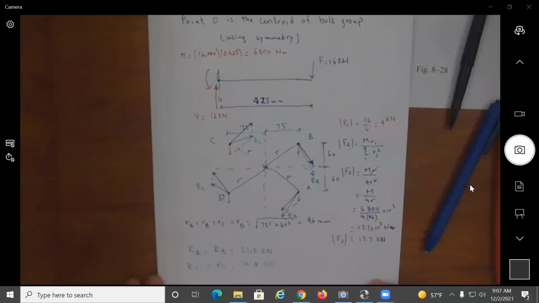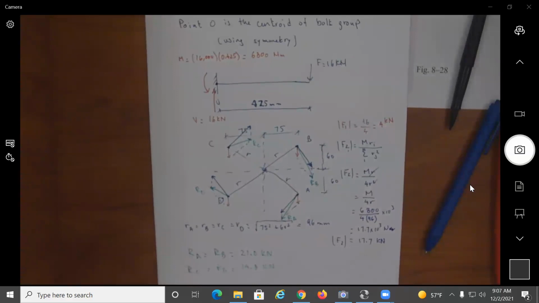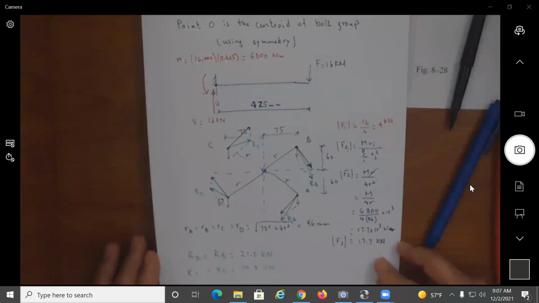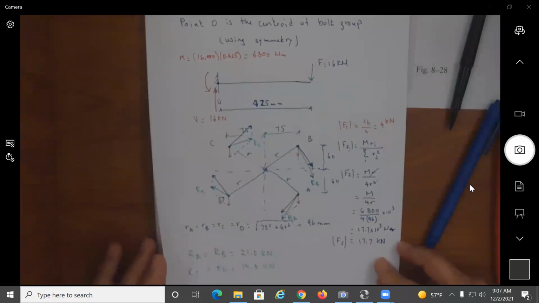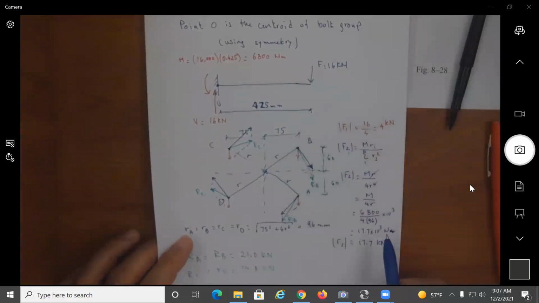So that's the magnitude of the resultant shear force. Now if I want to look at stresses, which fasteners are going to have the most critical shear stress? Must be A and B, right?